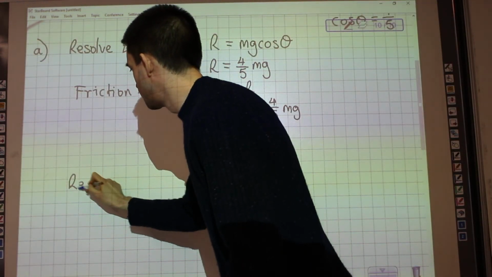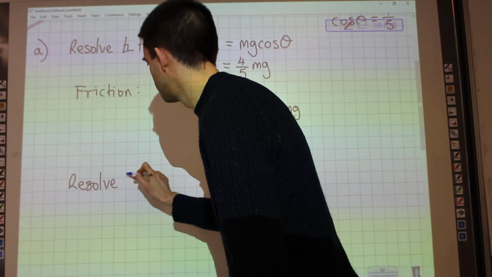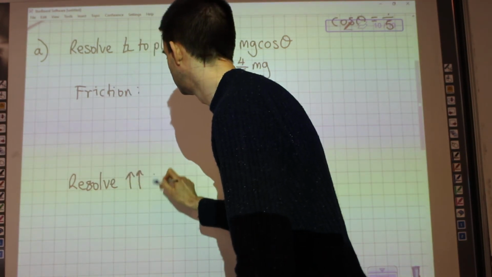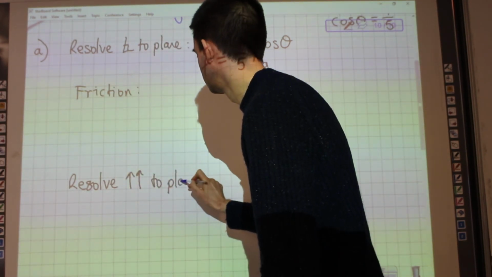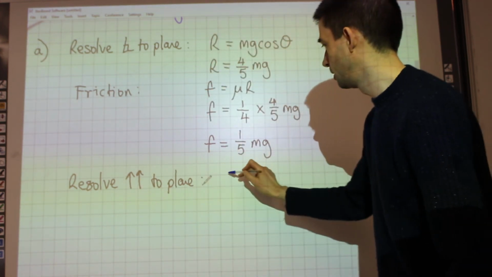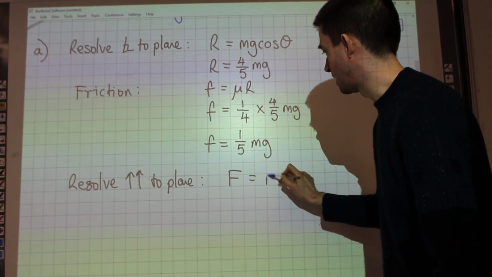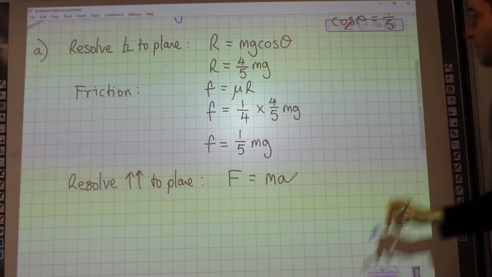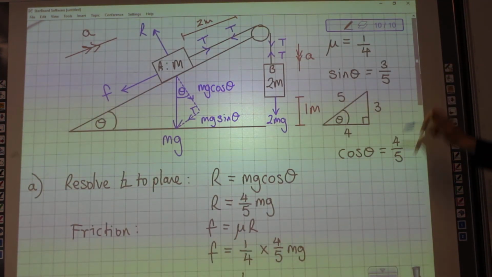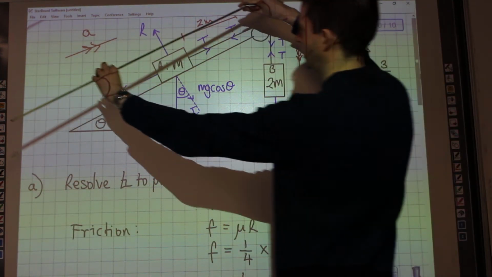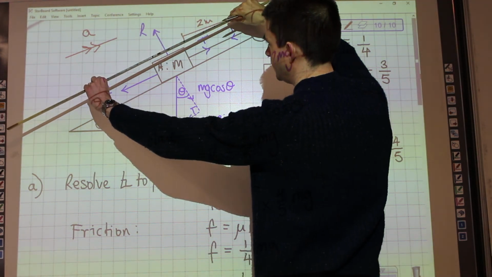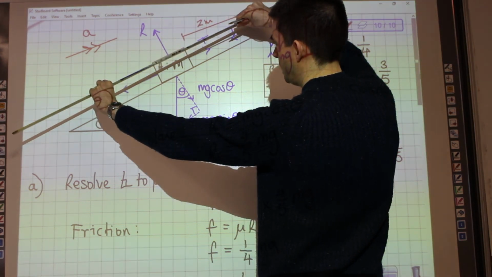Now we've done that, we're going to resolve parallel to the plane, using that resultant force is mass times acceleration. Resolving in the direction of motion, which is upwards. Look in here, any forces acting parallel to the plane on A I'm going to consider.